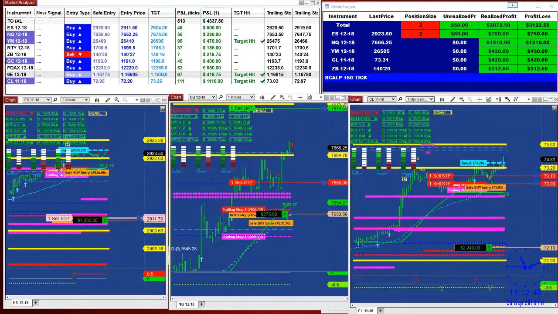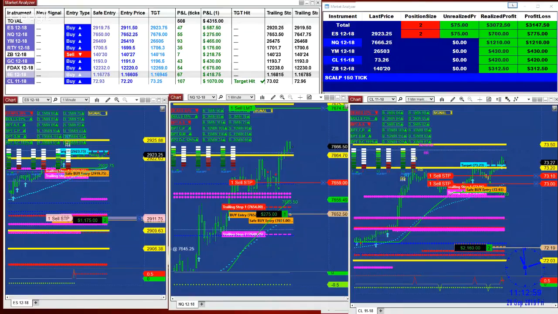So you are behind on that. 6E is harder to trade than CL, ES, NASDAQ, Dow Jones all together, even the DAX. So for the guy who wants to trade the 6E, get rid of it. Put it on auto trade. You're not going to be able to trade it manually.